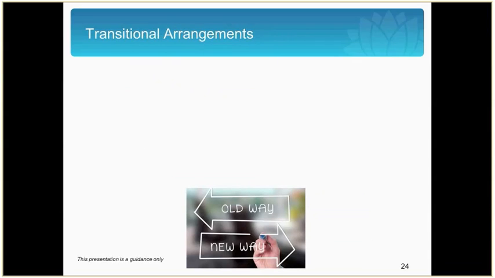Now we will talk about some transitional arrangements. Now, what happens with contracts that have been already in place prior to the 1st of September 2017? Do they automatically become Procure IT version 3.2 contracts?